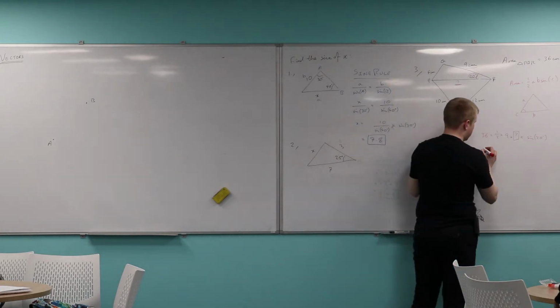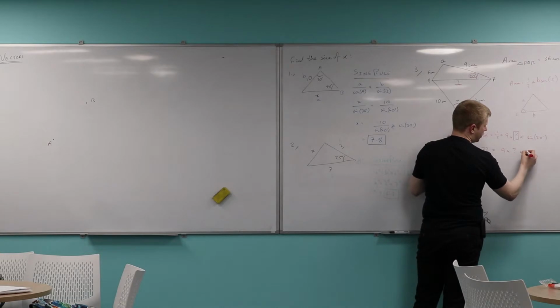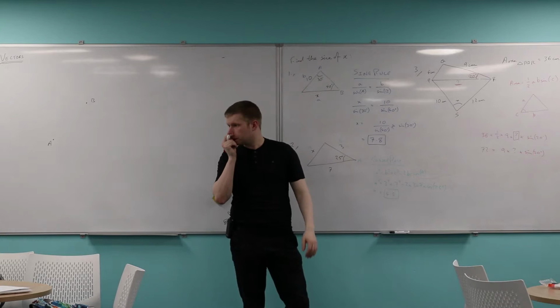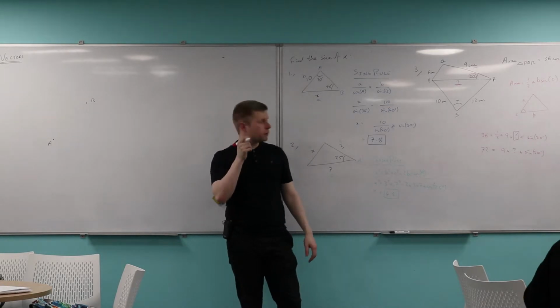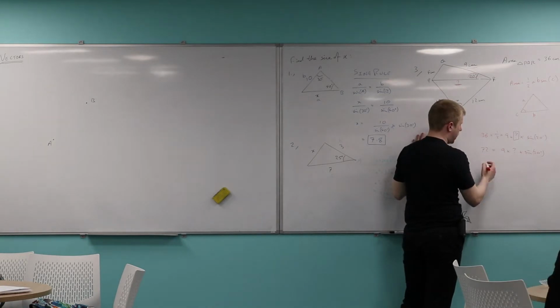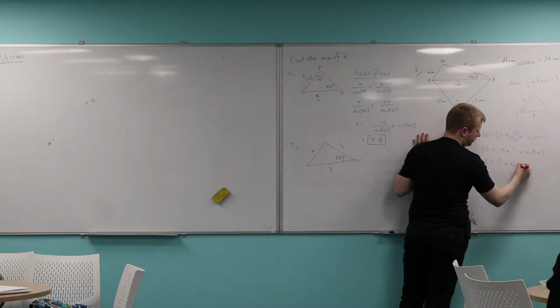So times that by 2. So 72 must be equal to 9 times something times by the sine of 20. Good. Then what can we do with this? Okay, divide by 9. So what's 72 divided by 9? 8. Yeah. Must be equal to something times by the sine of 20.